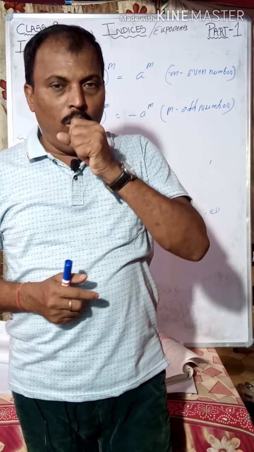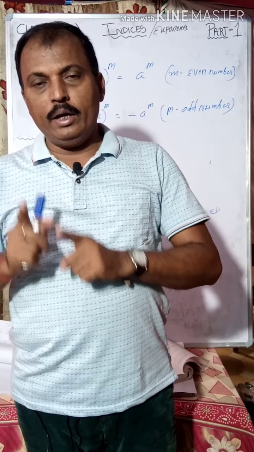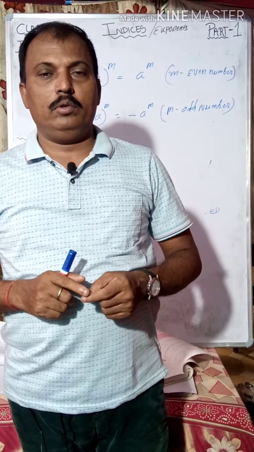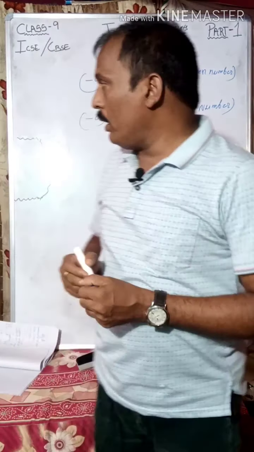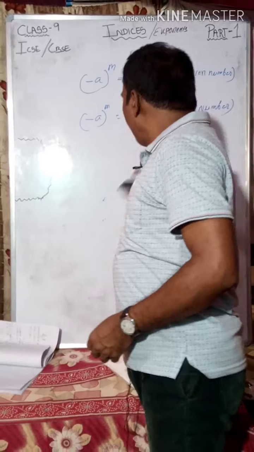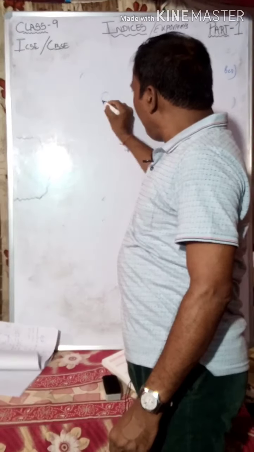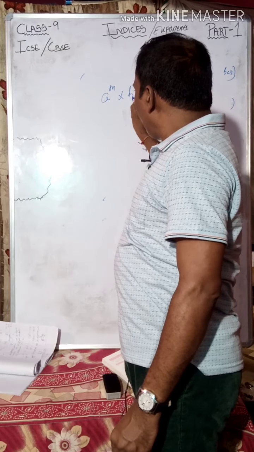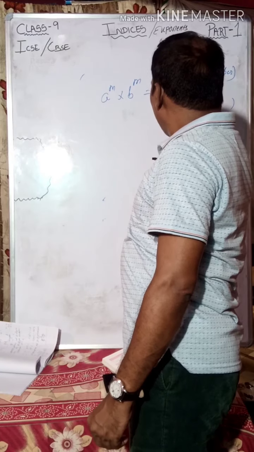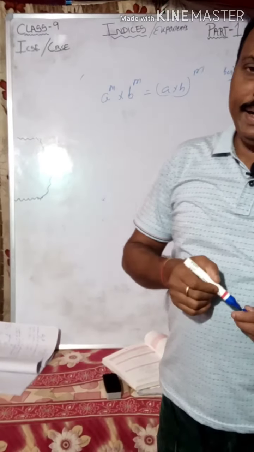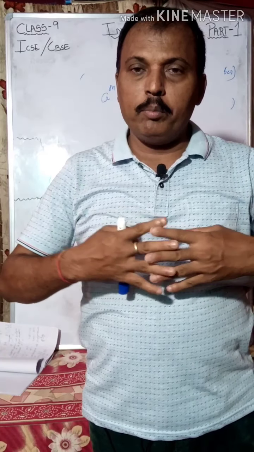Then we discussed a to the power m into b to the power m is equal to a into b, whole to the power m, when indices are the same and bases are different but they are multiplied.